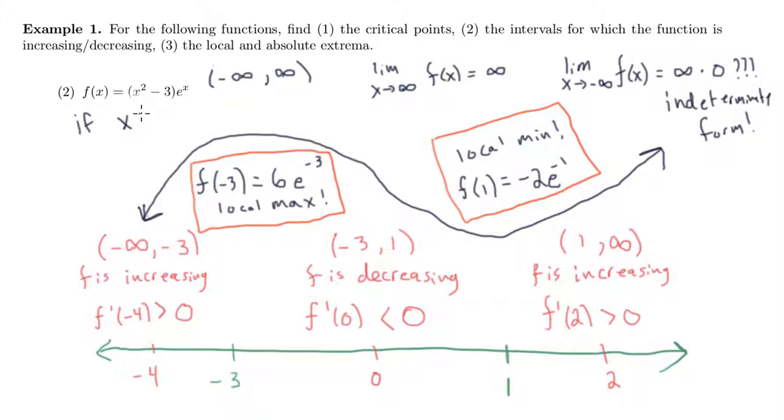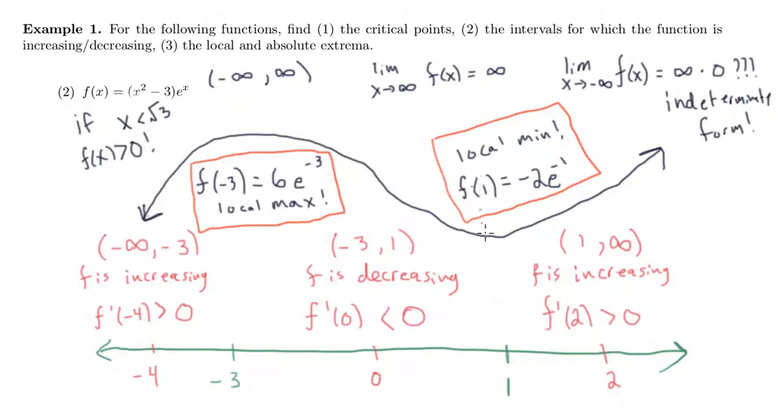So notice that if x is less than square root of 3, okay, then x squared minus 3 will be positive, e to the x will be positive, and so f of x will be positive. But look at this local min. This local min is negative. So what we're saying is that as x goes to minus infinity, f of x is actually staying positive. It's never going to dip below the x-axis.